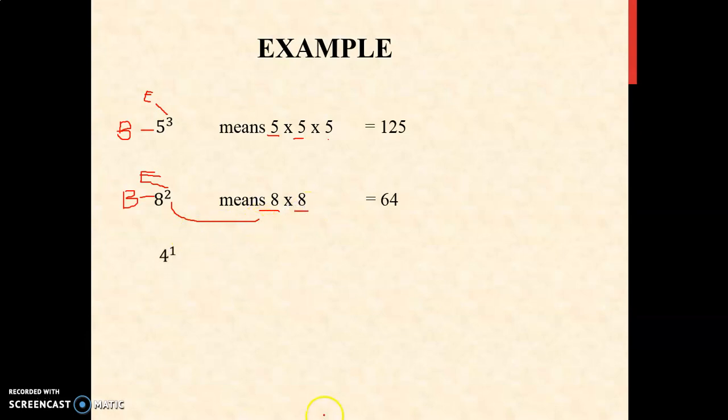How about here? 4 raised to 1. What is your exponent? It is 1. And your base is 4. Since your exponent is 1, it means that you're just going to repeat 4 once. So the value is 4 only.